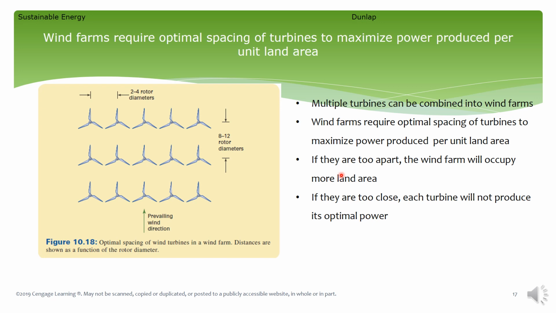And if you minimize the land area, each turbine will not produce its optimum power because each turbine inhibits power production.